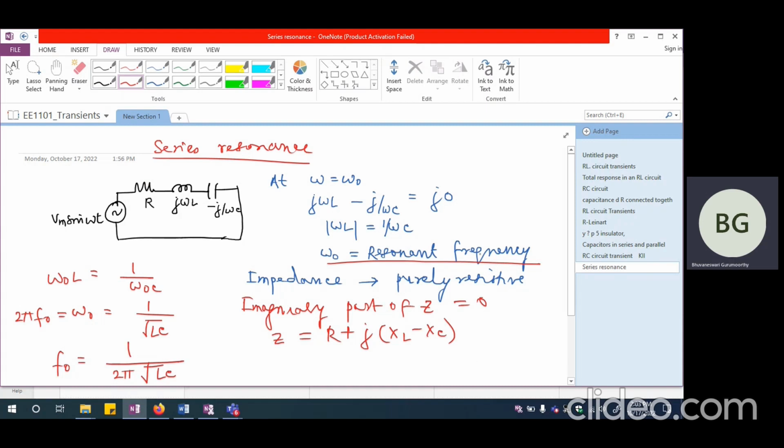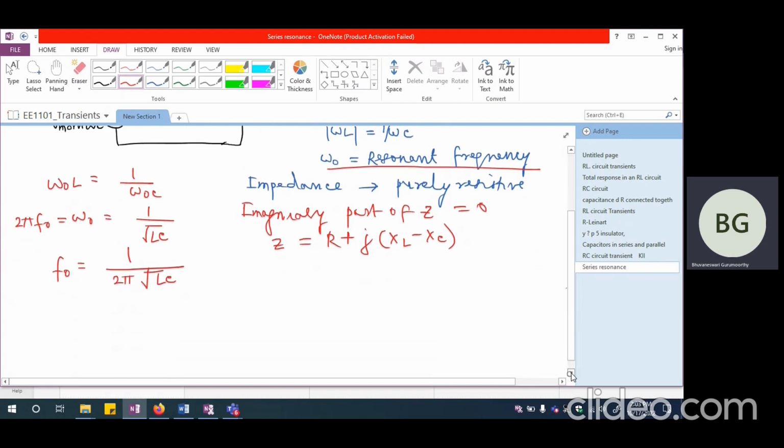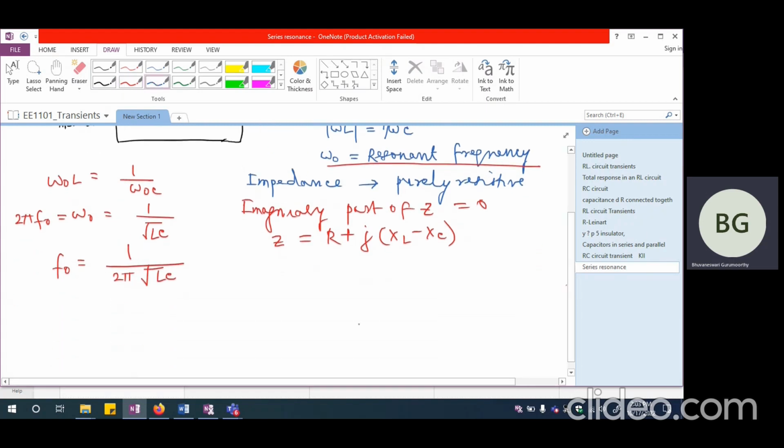Okay, so if we try to plot exactly how the impedance and the reactances change with respect to frequency, and I call this particular frequency omega naught, I'm going to have the impedance reaching its minimum value here. This range is omega less than omega naught, and this range is omega greater than omega naught.